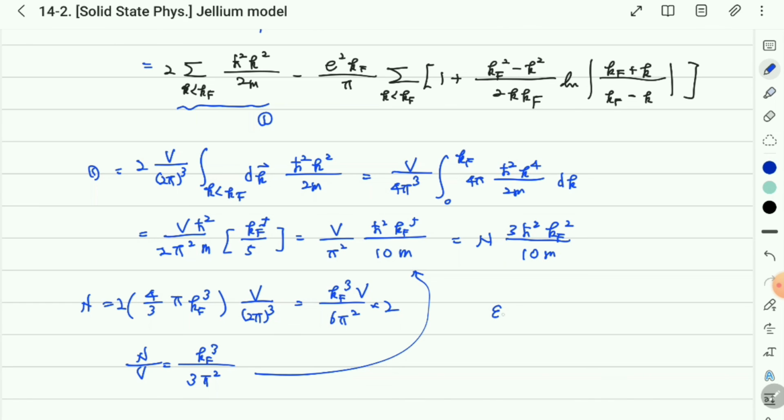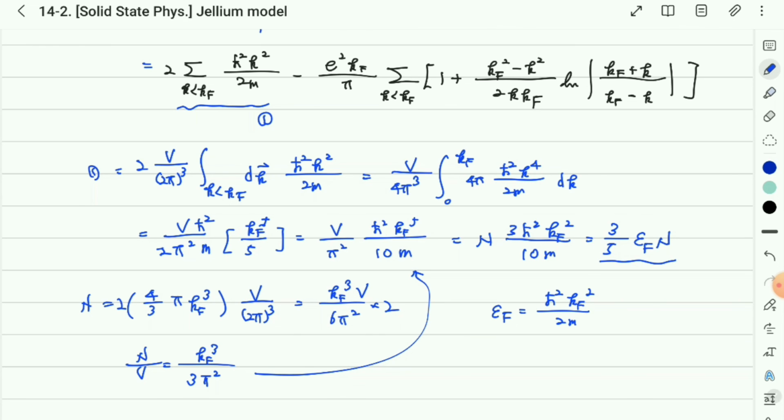Because the Fermi energy is h bar square kf square over 2m, therefore it is in terms of the Fermi energy and n. Yeah, the first term can be calculated like this.